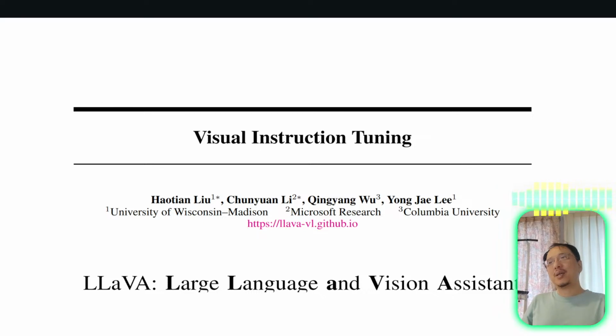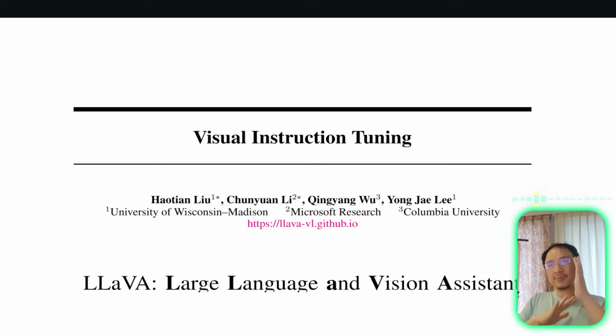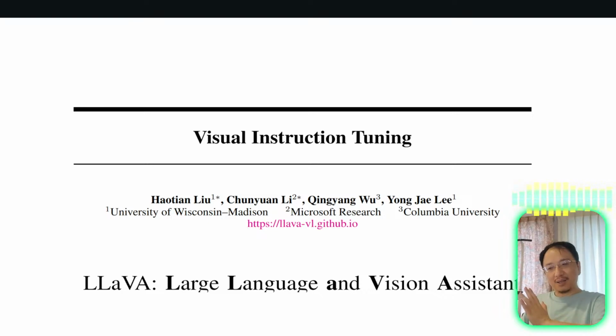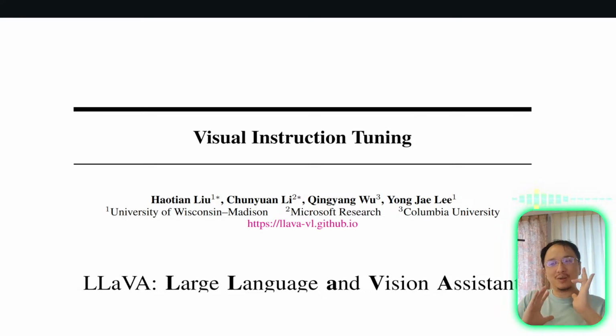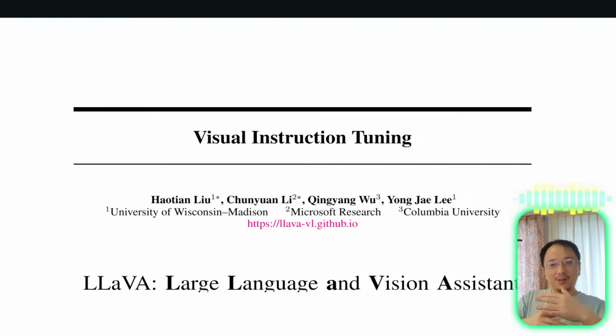Okay, so this one is LLaVA, visual instruction tuning. We are doing something like the thing before, but LLaVA is in fact a little bit simpler. It is more like a baseline model, using a simpler architecture.